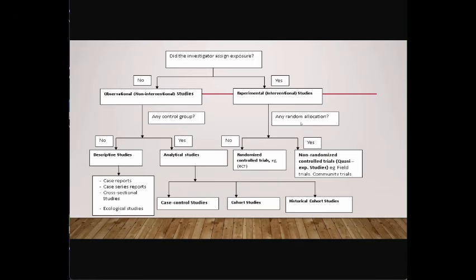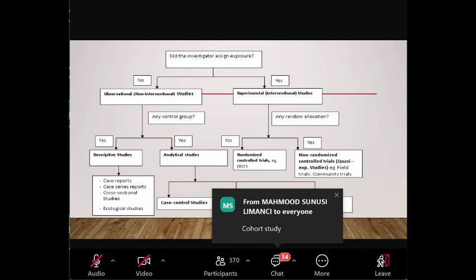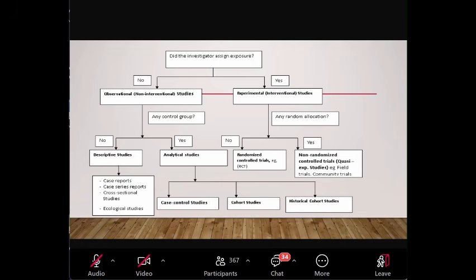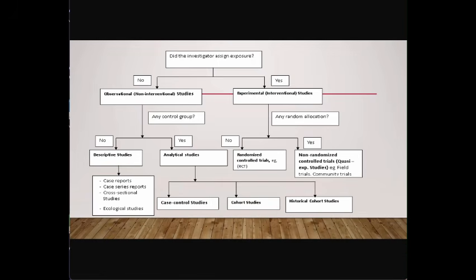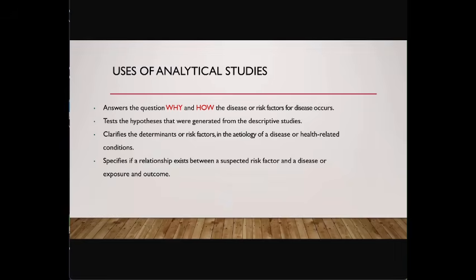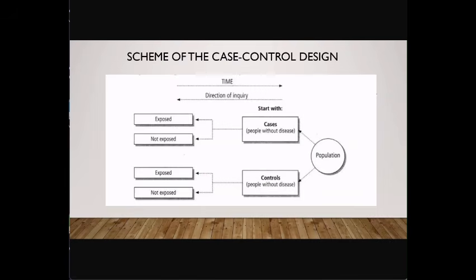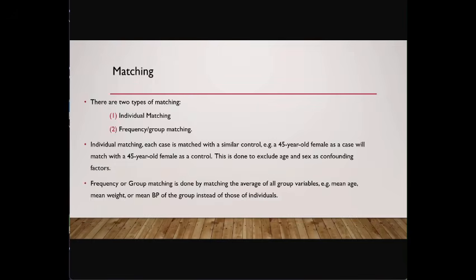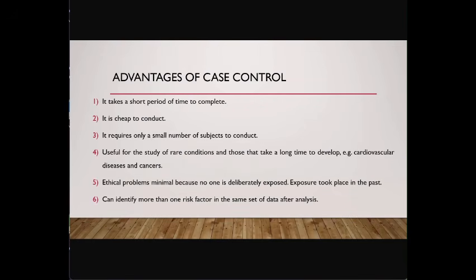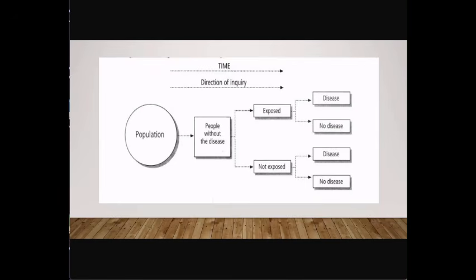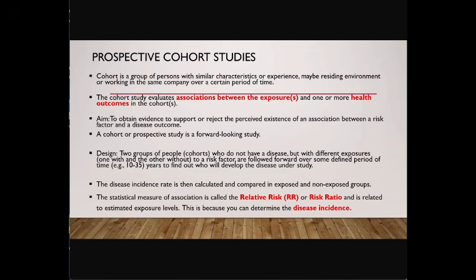Now, cohort studies are forward-looking, as against case control, which looks into the past to identify the probable causes. So cohort studies are longitudinal. That is, from now going forward to see which diseases might occur. For cohort studies, you also have two groups.